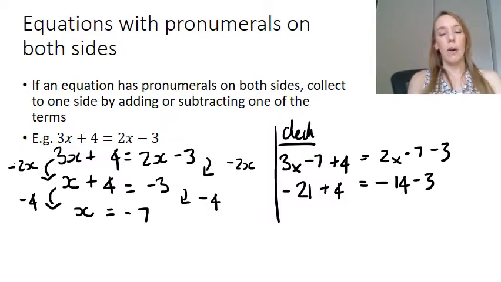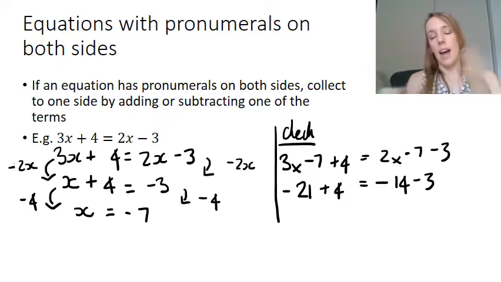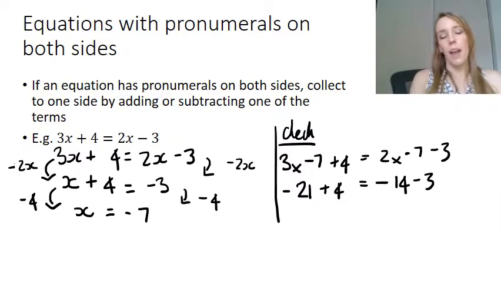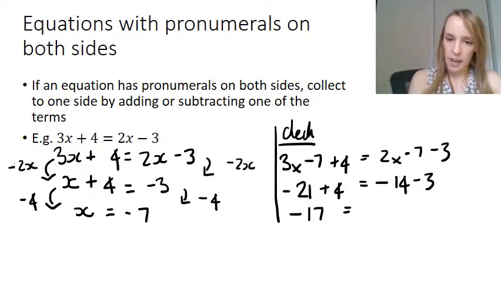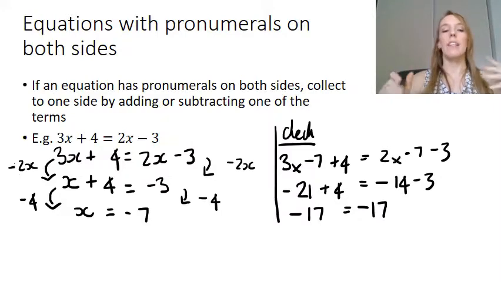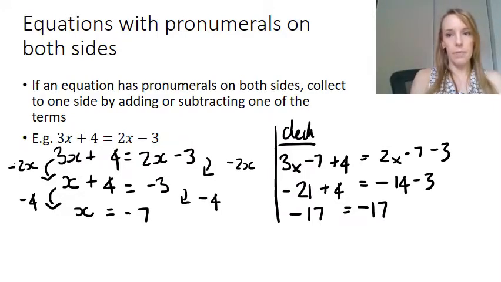So -21 plus 4 is going to become more positive, which gives me -17 is equal to -14 take 3, which is going to become more negative. So that's -17. So yes, correct. x is equal to -7.